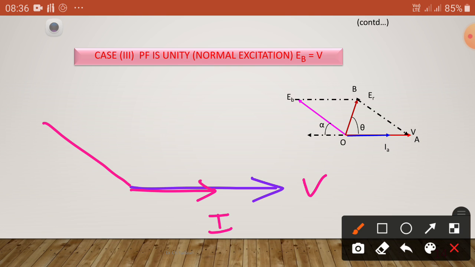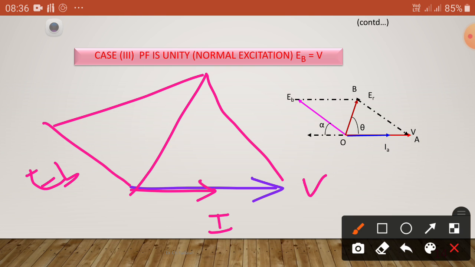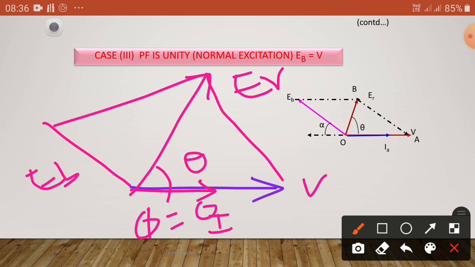As usual this is EB, and the vector sum of these gives ER. Then this angle is theta and phi is 0. This is the alpha.